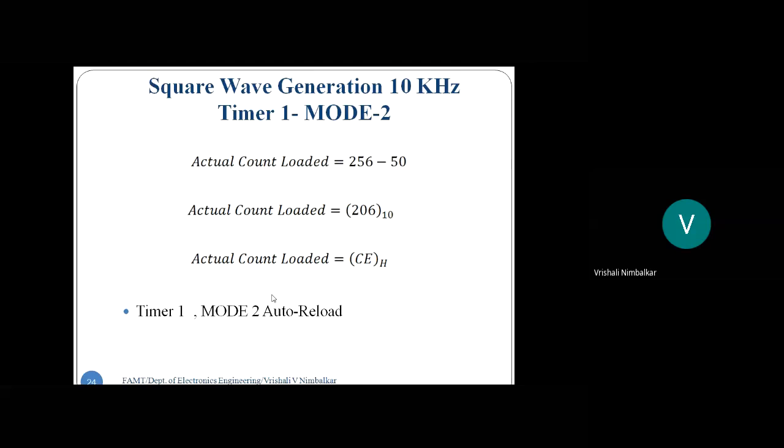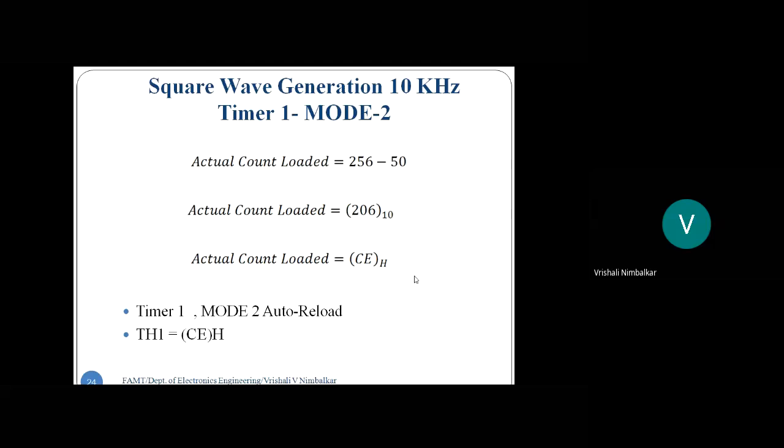There is an overflow to 00, so the flag sets, but then that CE count which is stored in the higher register gets reloaded in the lower register. So the new counting again begins from CE +1 +1 +1, in the up direction. Is that okay? So this can be repetitive.